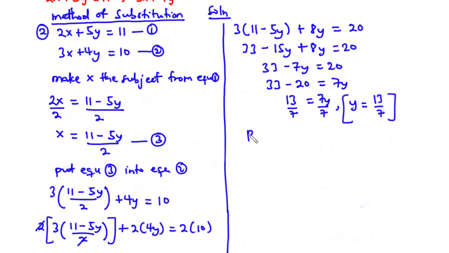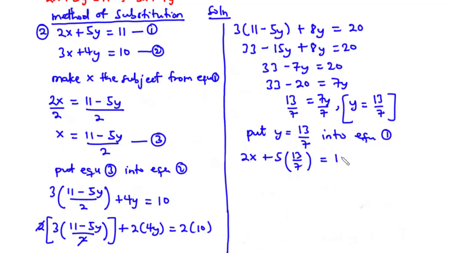Now we can put y equals 13 over 7 into any of the equations. So let's say into equation 1. So equation 1, we have 2 times x plus 5 times y, which is 13 over 7, equals 11.